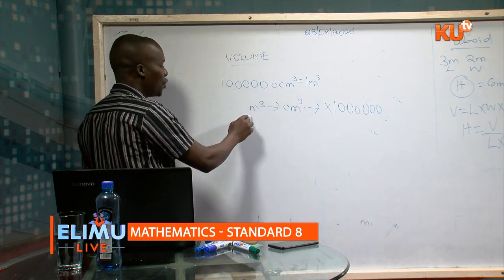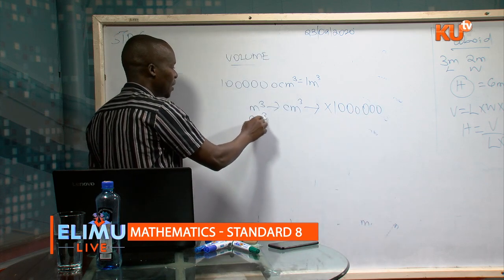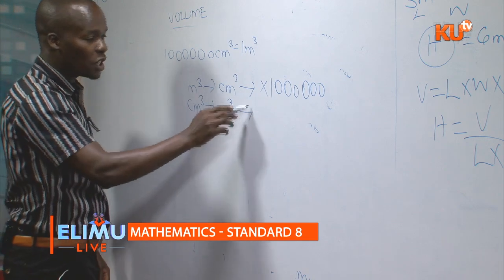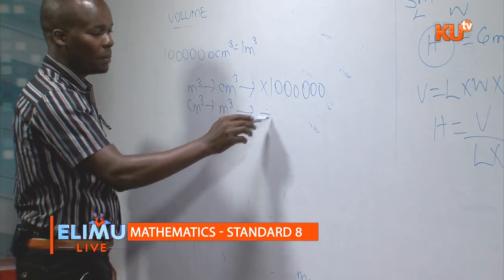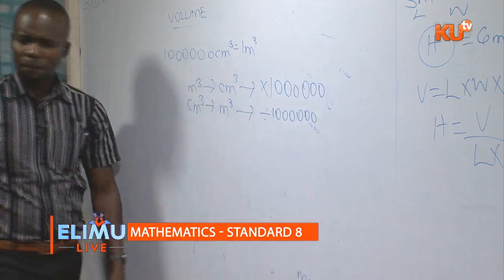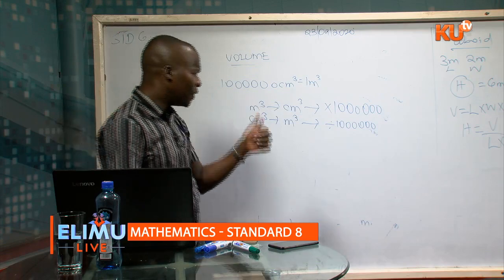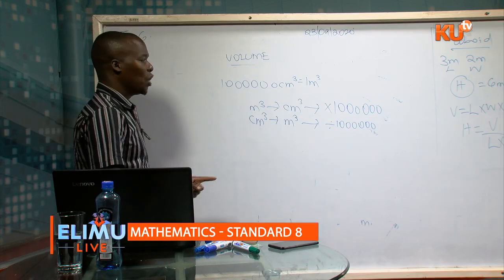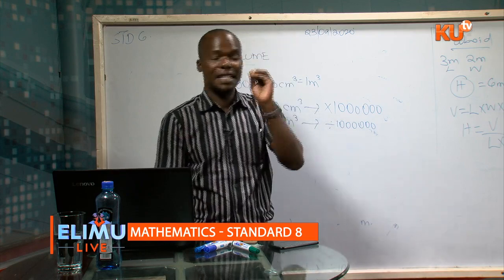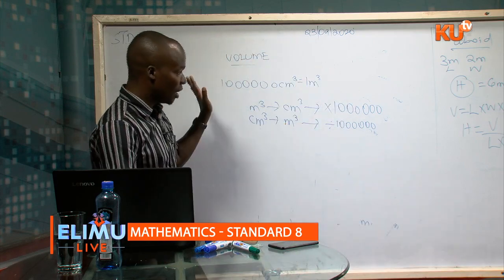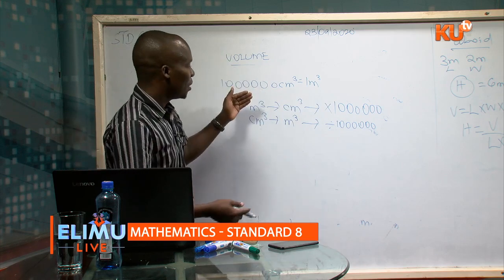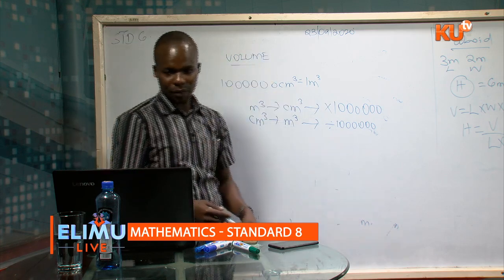And now converting from cubic centimeters to cubic meters, we now do what? Divide by 1 million. That's it. Then, having it in mind, we also did some examples of converting when given some measurements or volumes from one volume to the other and vice versa.